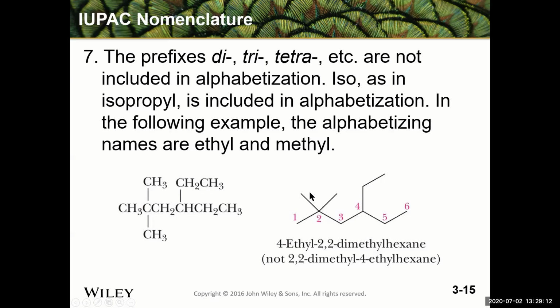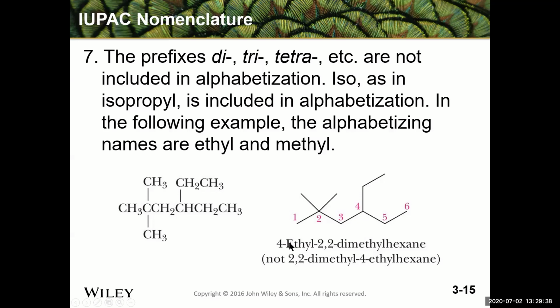These are 2 methyl groups, and we would call it dimethyl, but the di is not part of the alphabetization system. So we go to the next one, which is ethyl. An E is in higher priority as far as alphabetization than an M in methyl.